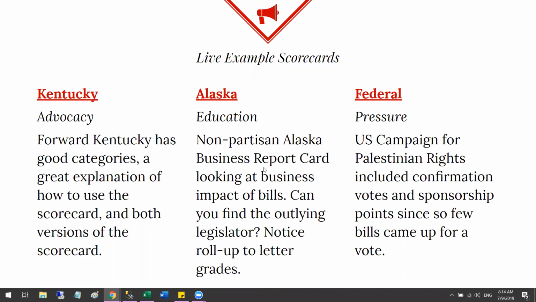Those pieces are critical to your grassroots advocacy success. Grassroots advocacy doesn't stop when the bill's signed. It continues long beyond the bill signing.